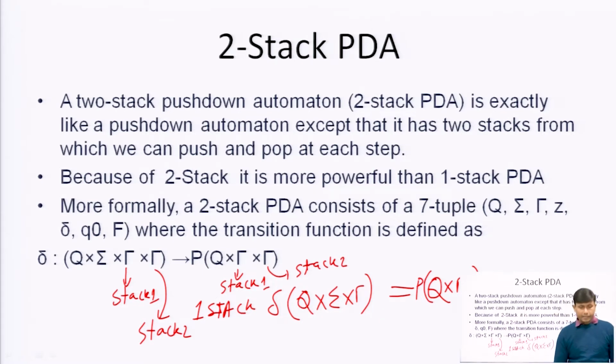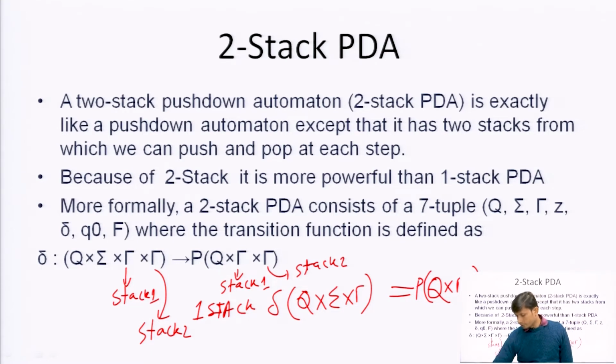So simultaneously you have to give some operation on stack 1 and stack 2. For a single input you read, you may do an operation on one stack and no operation on the other; you can push, pop, or do no operation on both stacks.